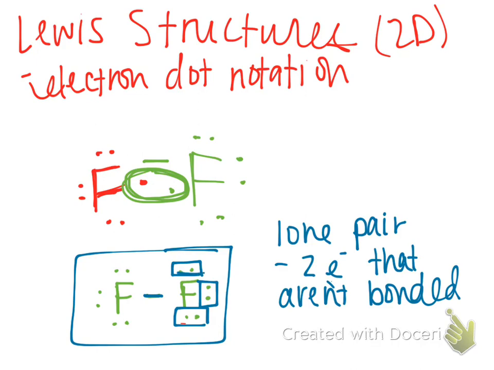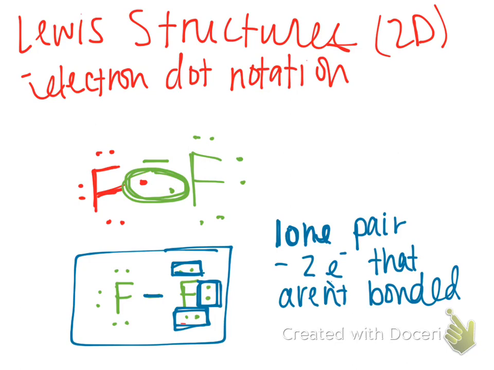Okay, so this is a lone pair, this is a lone pair, this is a lone pair. You know what I'm saying? It's a pair, so it's got two electrons. Okay, and any unbonded electron should always exist as a lone pair. So it shouldn't have one single electron hanging out by itself. Okay, we should have a lone pair that's unbonded. So when I say lone pair, that means a pair of electrons that are non-bonded.